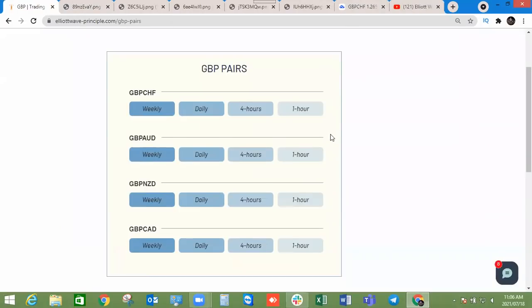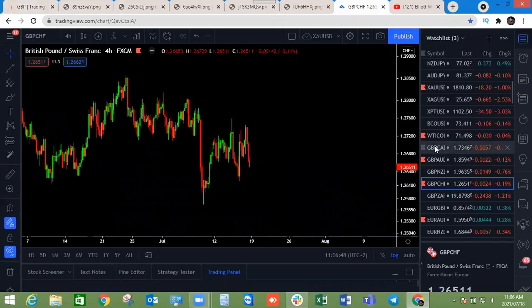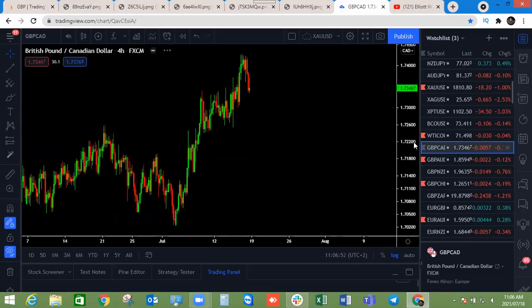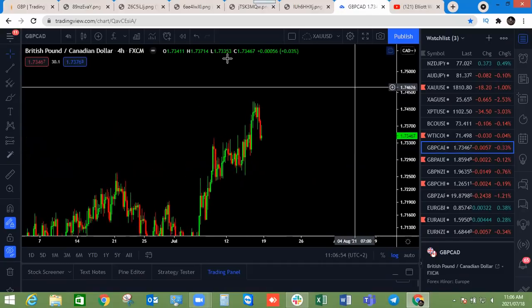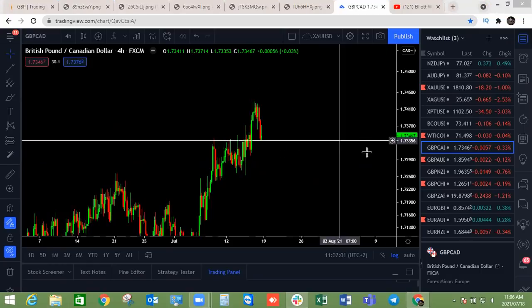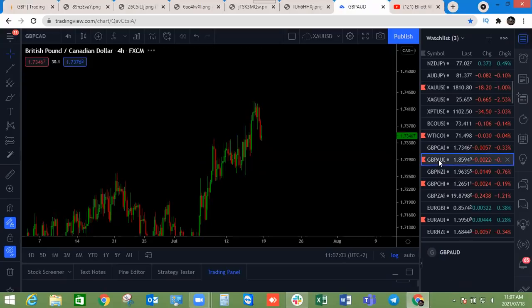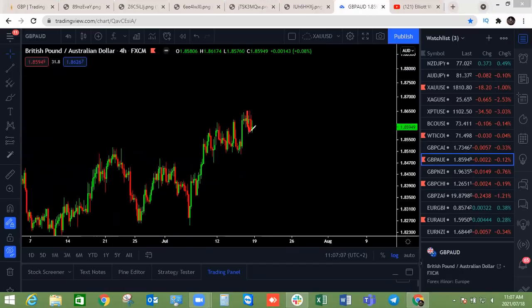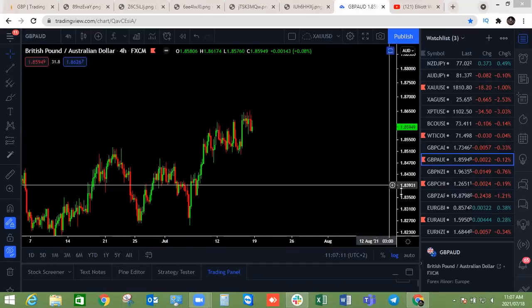Now let's go to the euro pairs. So just to touch on the current structures on pound pairs. So that's where we are. Pound CAD could simply give us a 3-wave pullback and continuation to the upside. It's indicated there. We're still bullish. Pound AUD also showing continuation to the upside, and then we need to see a corrective structure there.